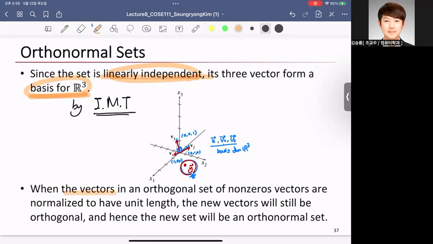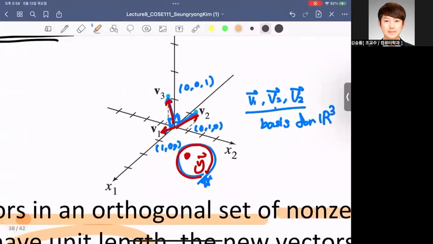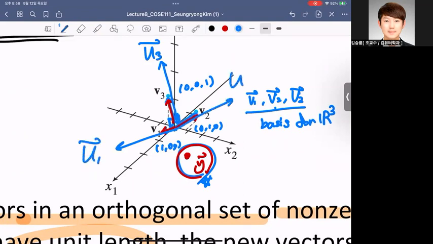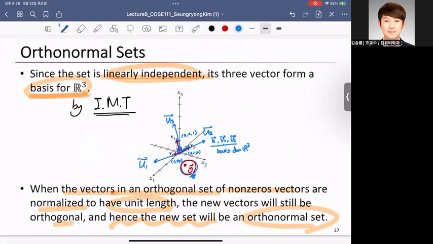When the vectors in an orthogonal set of non-zero vectors are normalized to have unit length, the new vectors will still be orthogonal, so the new set will be an orthonormal set. What does it mean? If we have arbitrary orthogonal vectors U1, U2, and U3, they are perpendicular to each other, but not yet orthonormal.